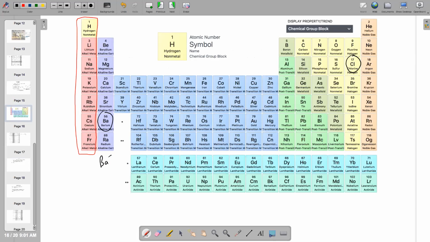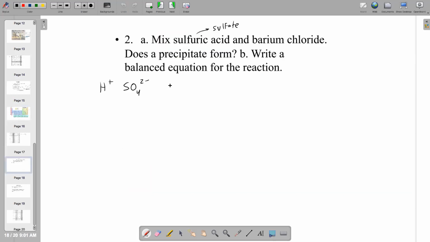So barium has a charge of 2 plus, chlorine has a charge of 1 minus. So we've got barium chloride. So that's barium 2 plus, chlorine is 1 minus. To write the formula, sulfuric acid, hydrogen with the sulfate is H2SO4 plus barium chloride is going to be BaCl2. So the formulas for sulfuric acid and barium chloride, H2SO4, BaCl2.